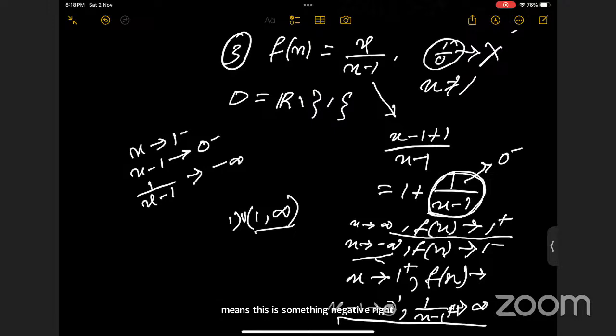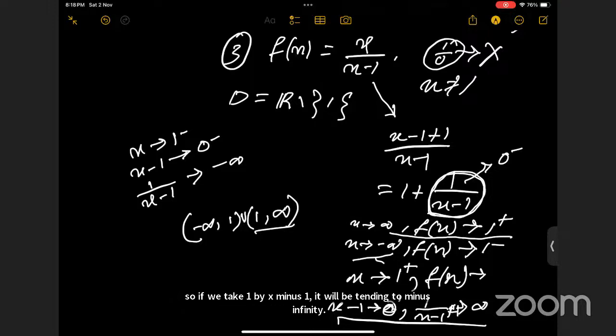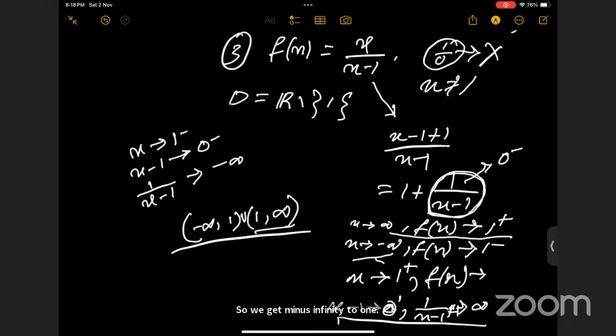So we get minus infinity to 1. So this is our range, and this is our domain too. Is it clear?